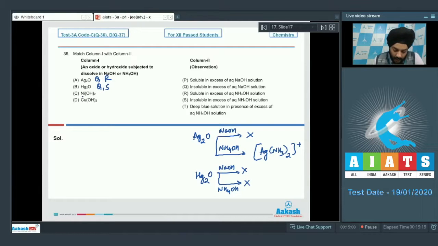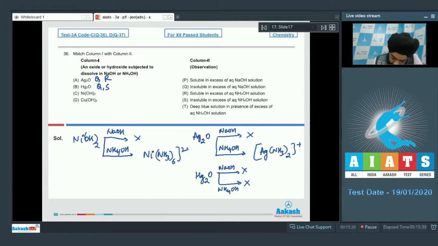Okay. If we talk about option C now, it is Ni(OH)2. So it is a basic hydroxide. It does not dissolve in excess NaOH. If we talk about its reaction with ammonia or NH4OH solution, it will be dissolved, forming the hexa-coordinated complex, which is deep blue in color.